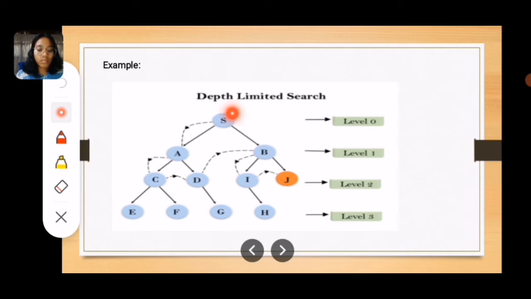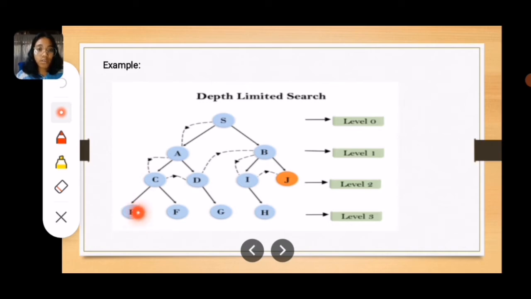So from the root node S, we visit A down to C. Then C going to D. Now, we cannot go to E, because the limit is level 2. We cannot go to E because we would be crossing the limit.